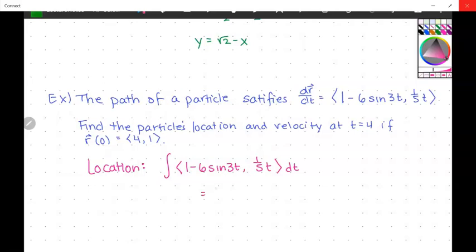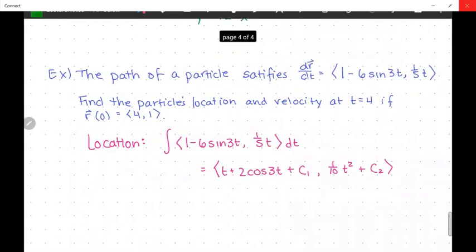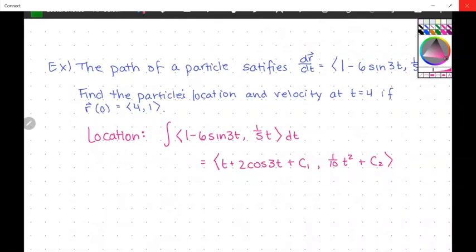So the antiderivative is going to be t, plus 2 cosine 3t plus 1 value of c, which we'll call c1, and then 1/10 t squared plus a different arbitrary constant, we'll call c2. And then we have a vector for t equals 0 that we can plug in to find the value of c. Any questions about what I did right there?